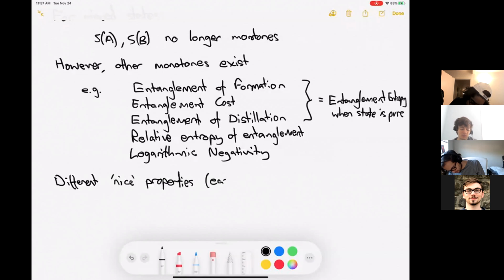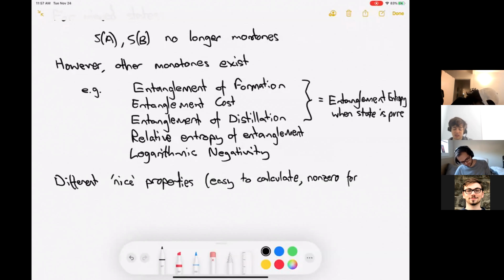For example, some are nice and easy to calculate, so just practically easier to work with. Some are non-zero for all entangled states, so they're only 0 for separable states. That's a nice property you might want, called a faithful entanglement monotone.